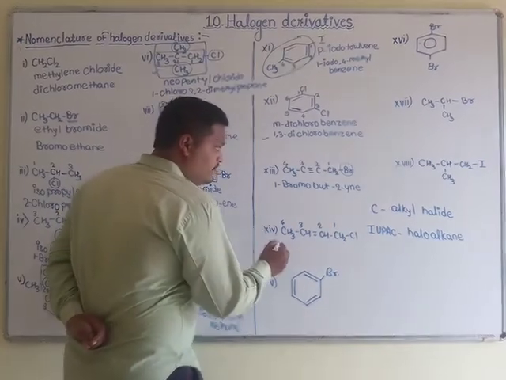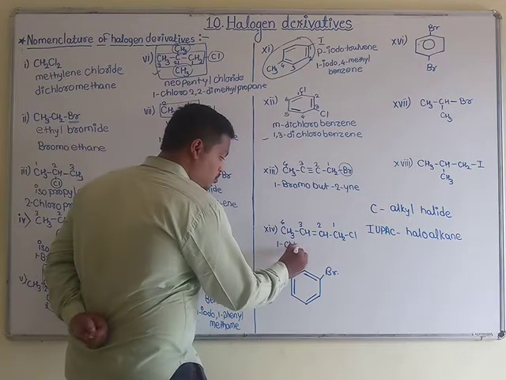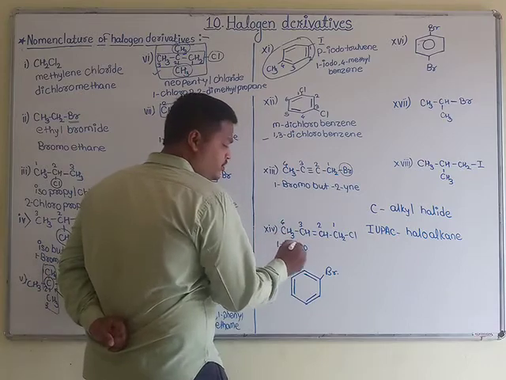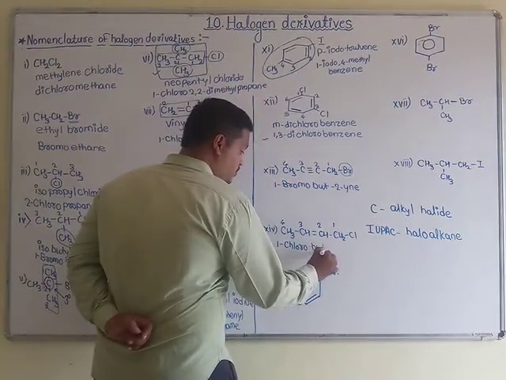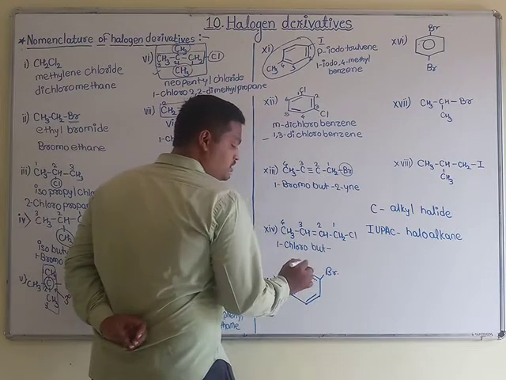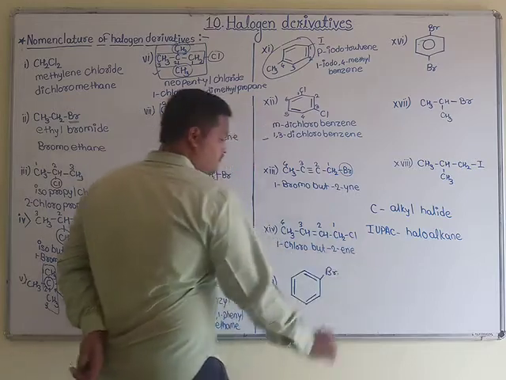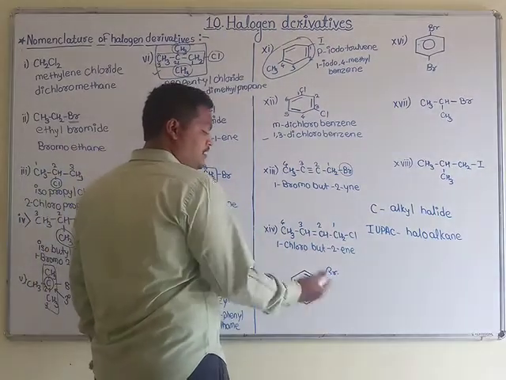Okay, so the name of this compound is 1-chloro. How many carbons are present in the longest straight chain? 4. Therefore again but. Here the double bond is present on the second position, therefore 2-ene. Okay, so what is its IUPAC name?